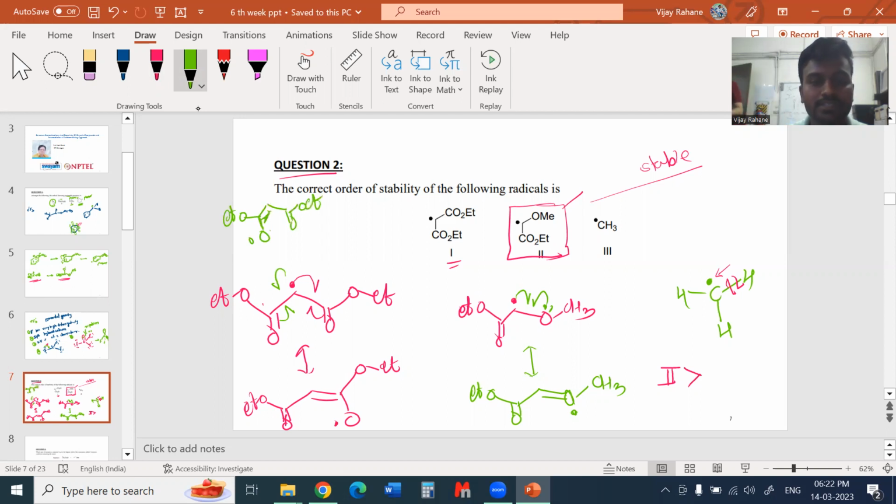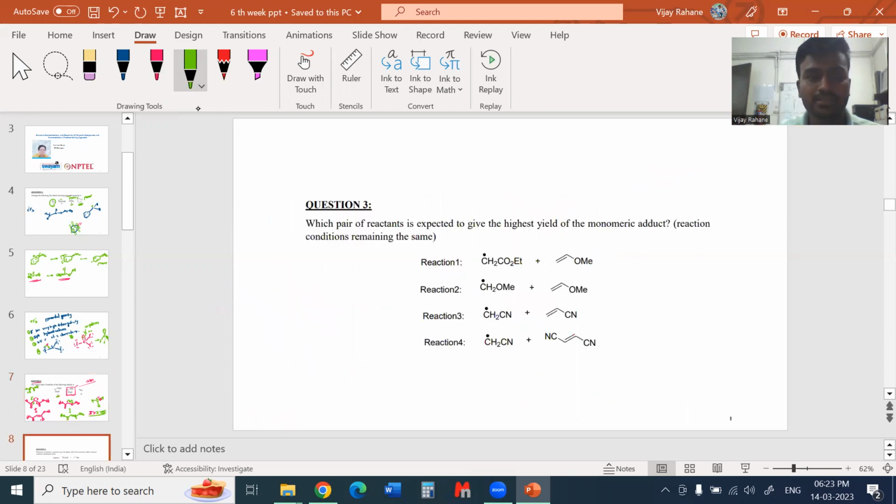So these two possible resonance structures are possible for structure one. So this is why structure one is stable as compared to this methyl radical. So the order will be the second, first, and the third. So the correct option will be option B, in which the second radical is more stable than first, and first radical more stable than the third one. So we'll see the next question.